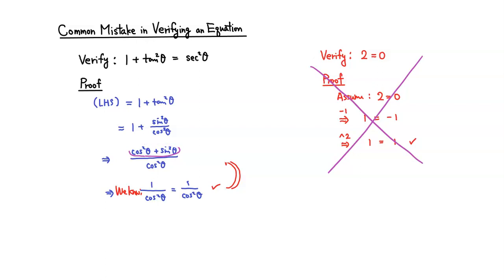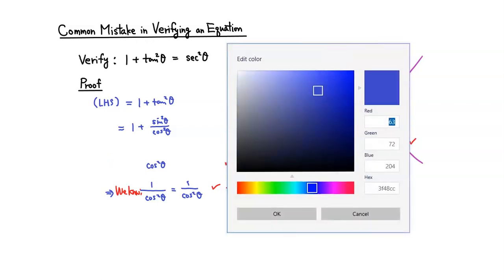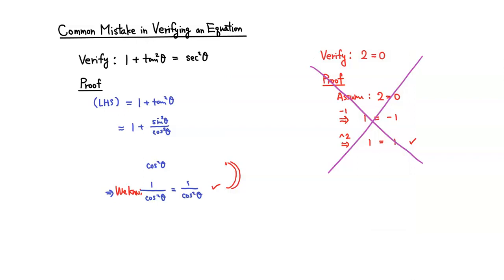I'm going to erase this. So we can use a chain of equality to write: 1 is the same thing as cosine squared of theta, plus sine squared of theta over cosine squared of theta.